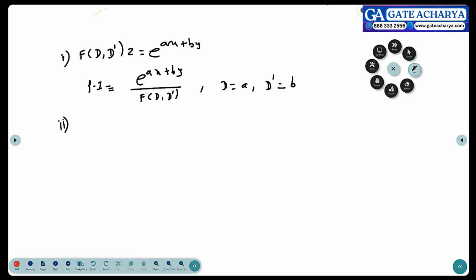Second, f of d comma d dash of y or some z, then sin ax plus by or cos ax plus by. Sin a cos.